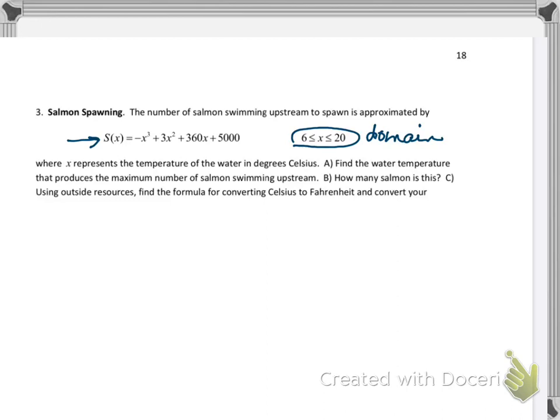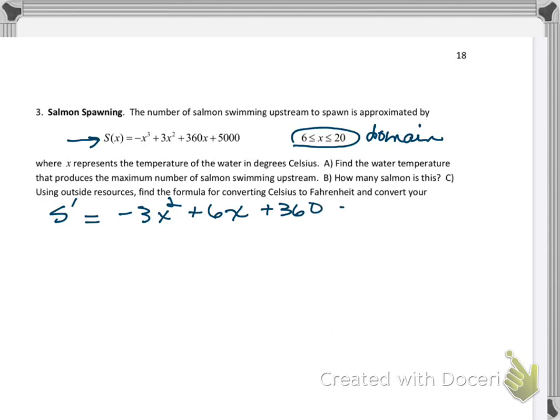To do that, you're going to do what we have done repeatedly, take the first derivative. When you take the first derivative, you should be trying to do this now on your own, just looking at that equation. It's a pretty basic one. You're going to get negative 3x squared plus 6x plus 360.